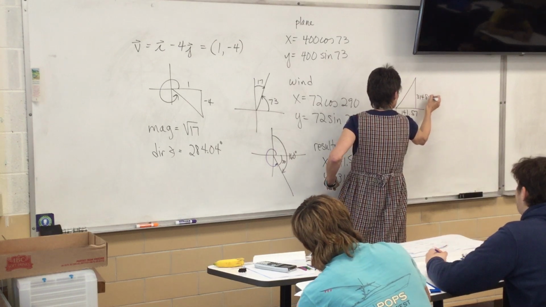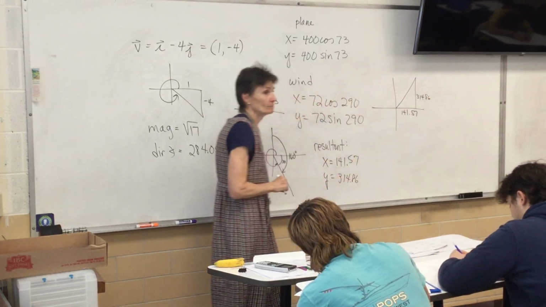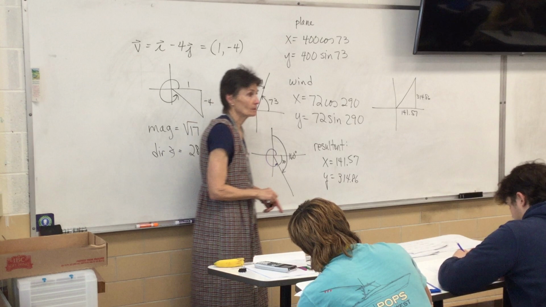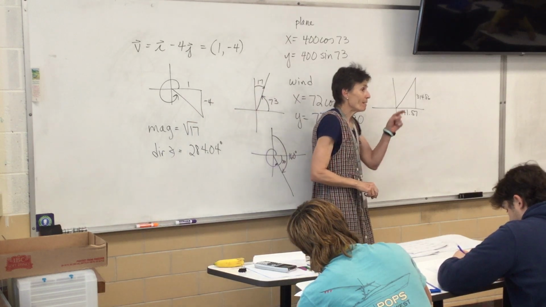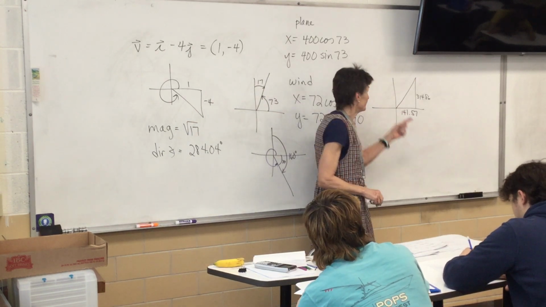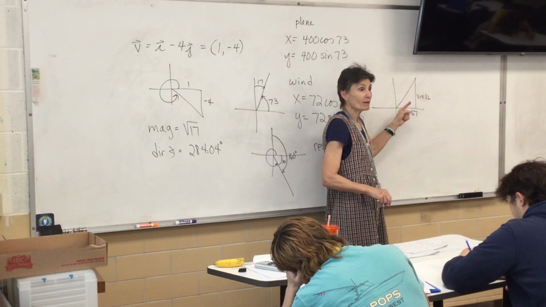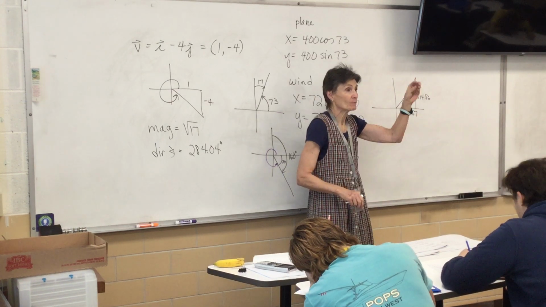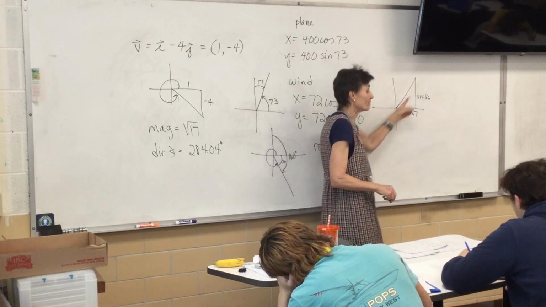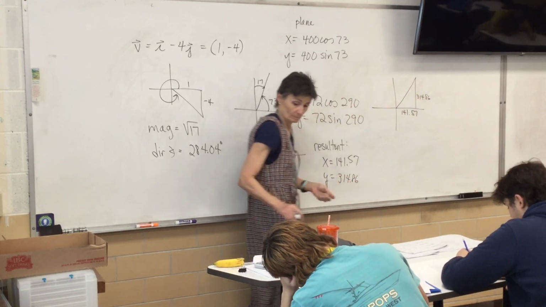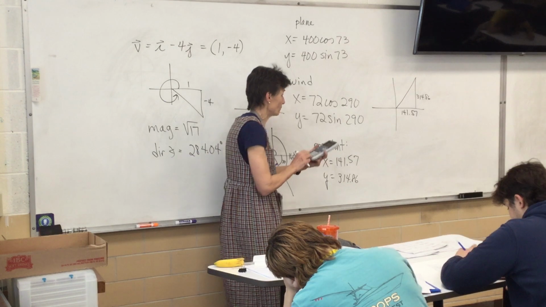Agreed? The magnitude is r. It's the hypotenuse. So how am I going to find the speed of this airplane? The speed is the magnitude. How am I going to find it? Just going to do the Pythagorean theorem, right?